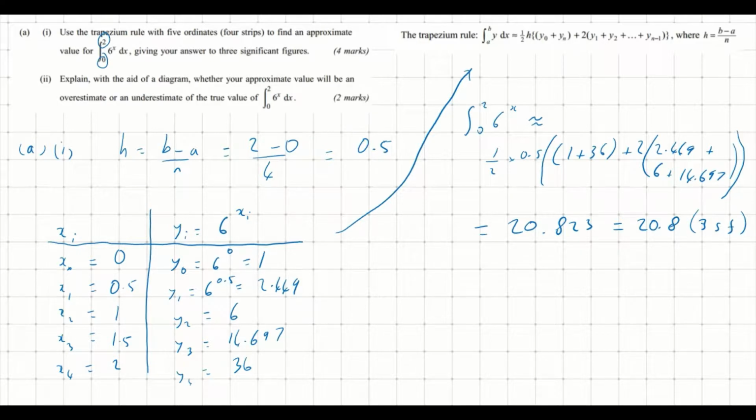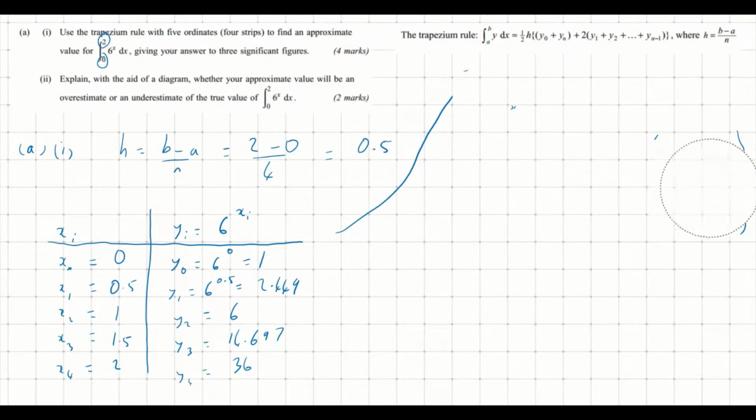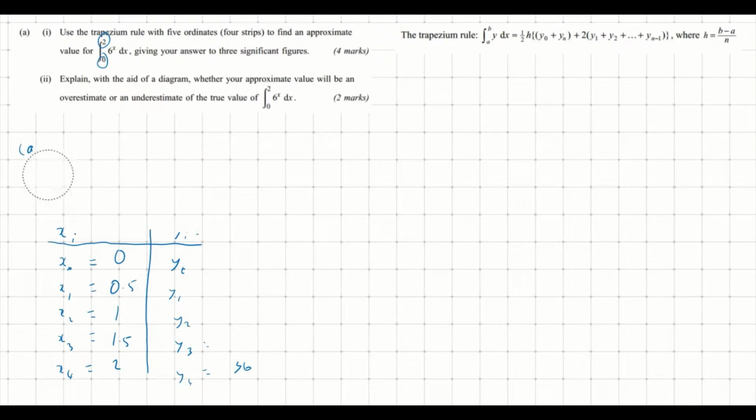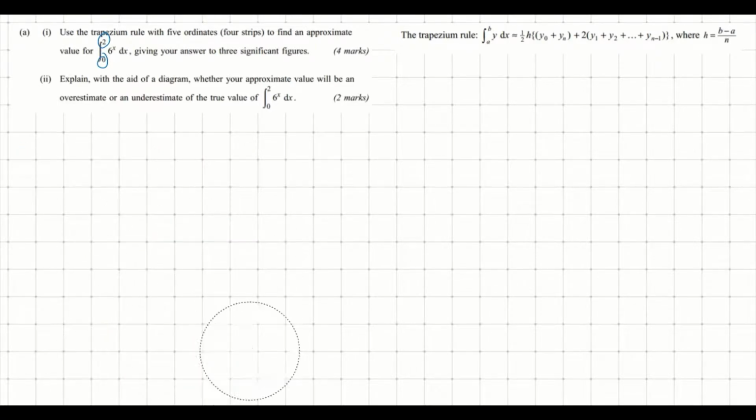Then the second part is to explain with the aid of a diagram whether your approximate value will be an overestimate or an underestimate. So let's remove what we've done so far and look at this. For part 2, the important thing to note is the shape of 6 to the x.